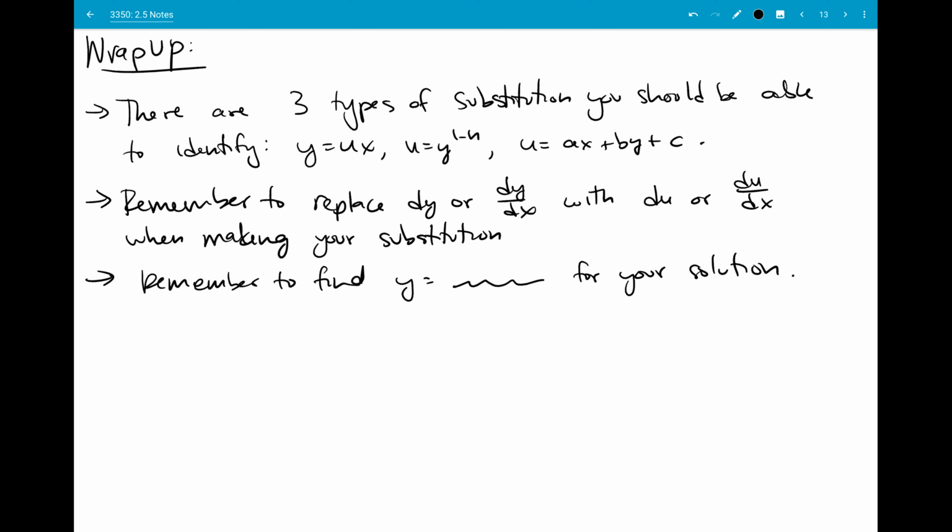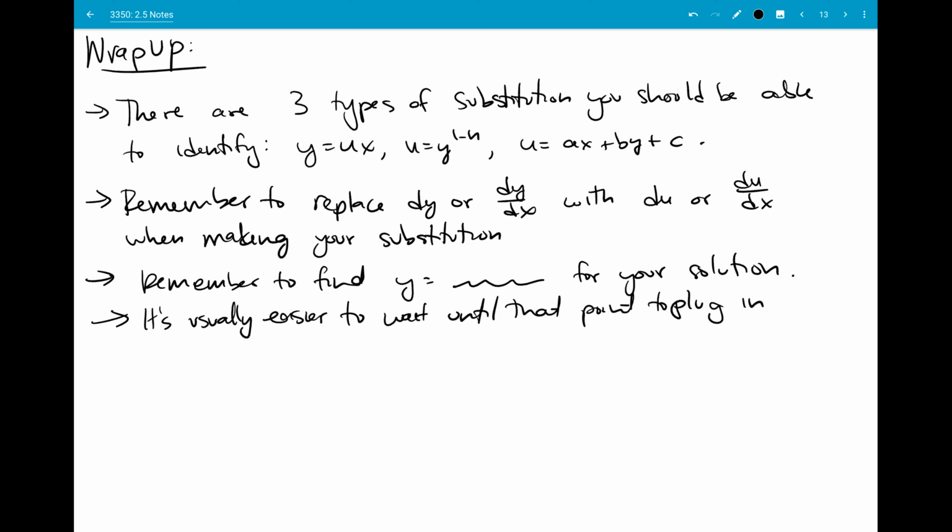And it's usually easier to wait until that point to plug in initial conditions. So that is use y equal to a bunch of stuff, not u equal to a bunch of stuff.